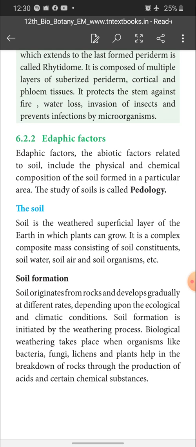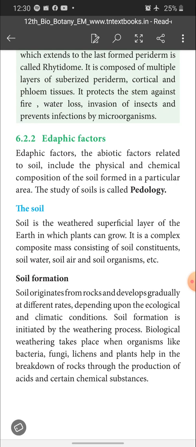Soil formation is initiated by the weathering process. Biological weathering takes place when organisms like bacteria, fungi, lichens and plants help in the breakdown of rocks through the production of acids and certain chemical substances.